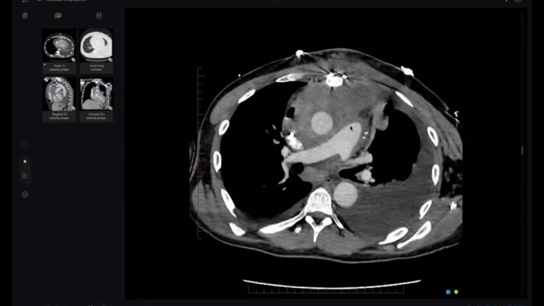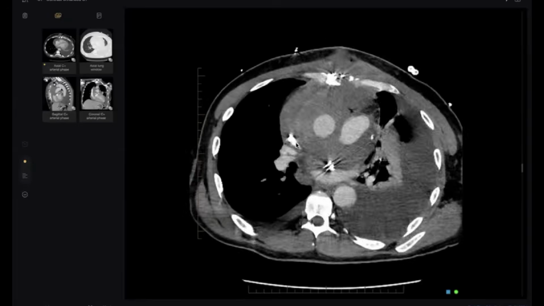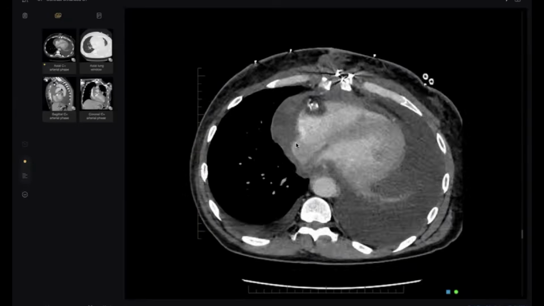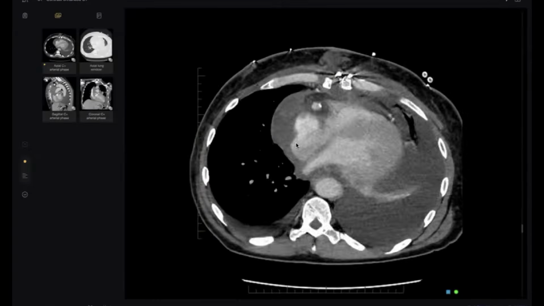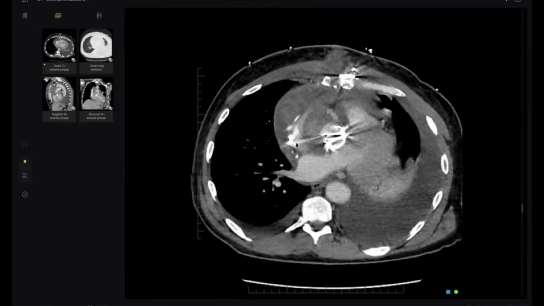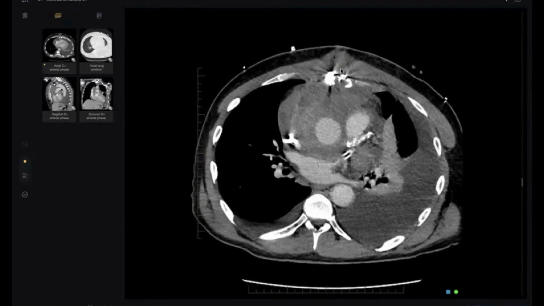Then if you go down, this soft tissue and the gases are surrounding the heart completely. So it looks like status postoperative, and on top of it there is infection, here in the anterior chest wall and in the side of the operative bed.